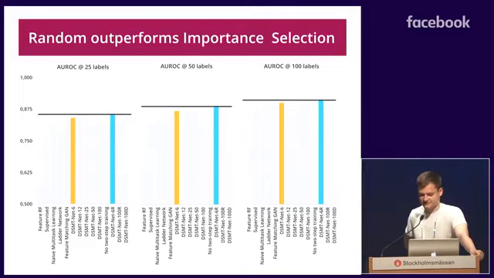We reason that this is because diversity might be an issue here. If you're selecting by importance, and you have a large number of features, there's a large chance that you have more similar features at the top, because similar features obviously perform similarly as well. And by randomly selecting, you actually avoid this issue completely.